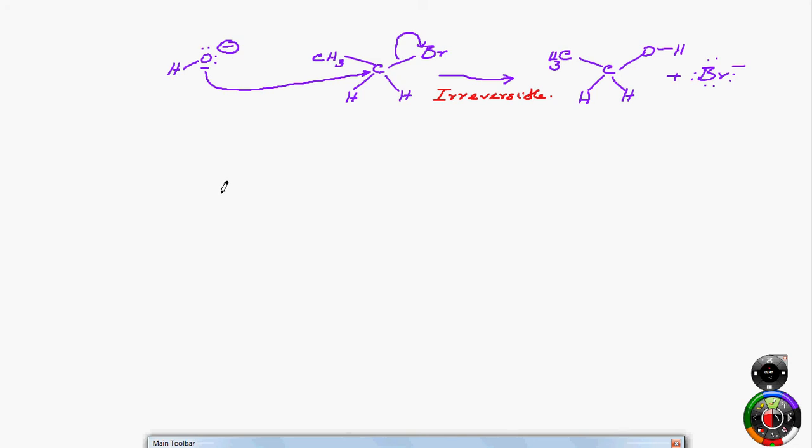So how do you measure the nucleophilicity then? To measure the nucleophilicity, you have to measure the reaction rates. The rate of the reaction you measure to understand the strength of nucleophilicity.